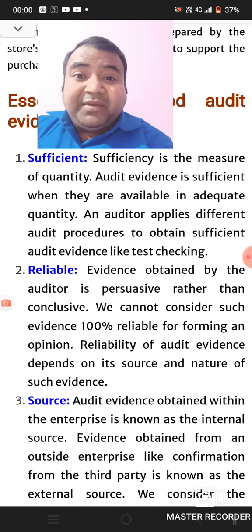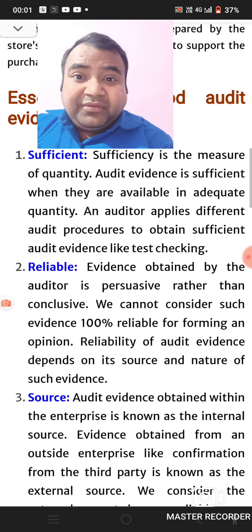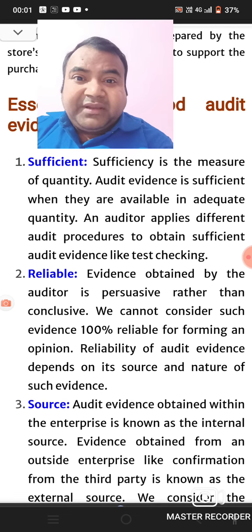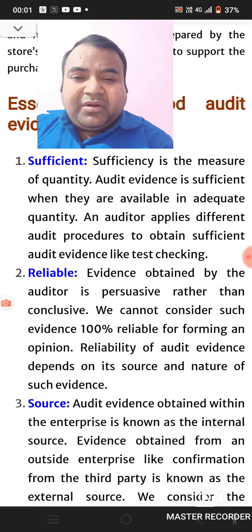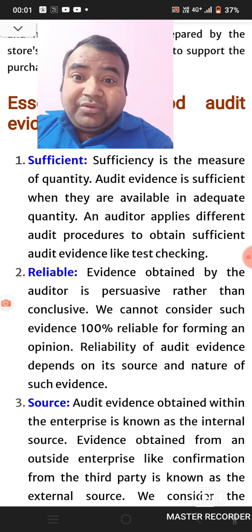It means we are proving that this is sufficient evidence, and this mistake was carried on for this particular period. That's why the auditor will be able to judge, conclude, or form his opinion about the misstatement.